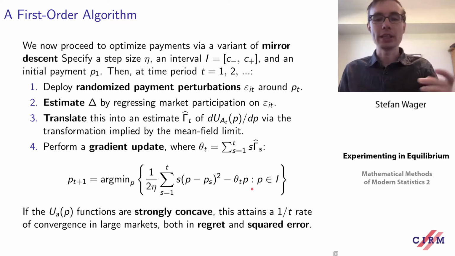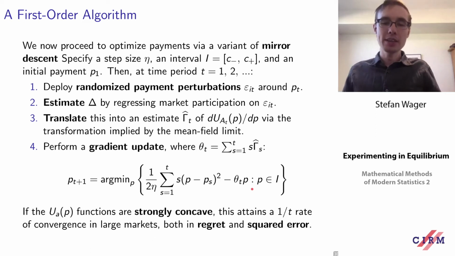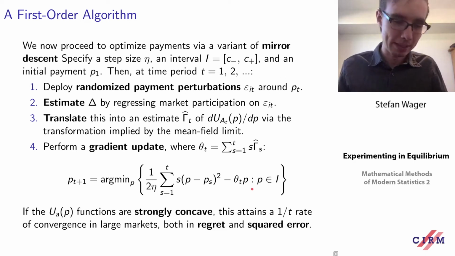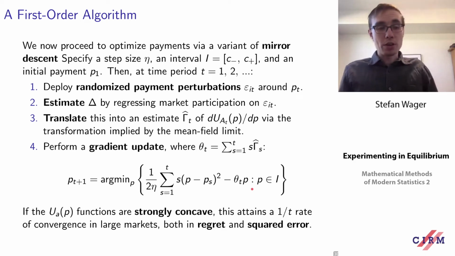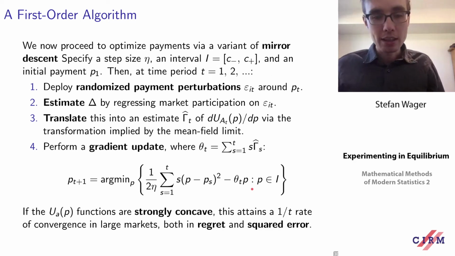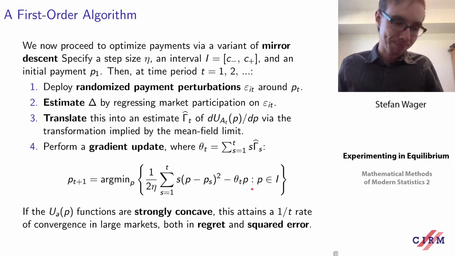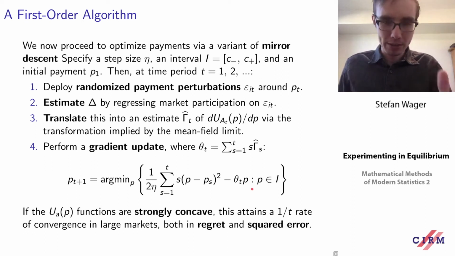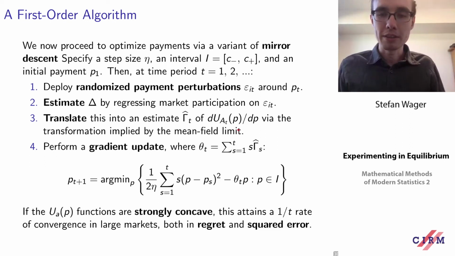What one can check at a very high level is that if you do this, then everything goes through nicely and you get behavior that you'd expect from first order optimization under strong convexity. You get 1/t rates of convergence in large marketplaces. And we have results in the paper also verifying that under reasonable conditions, the utility function we are optimizing is strongly concave, so these results apply.